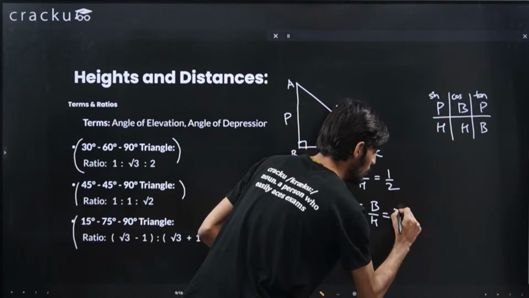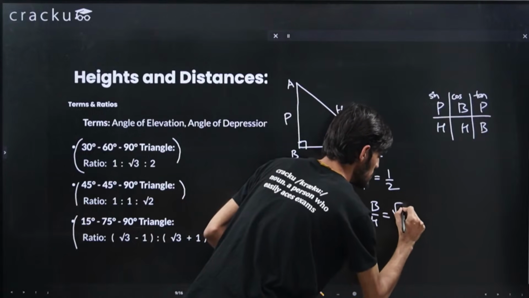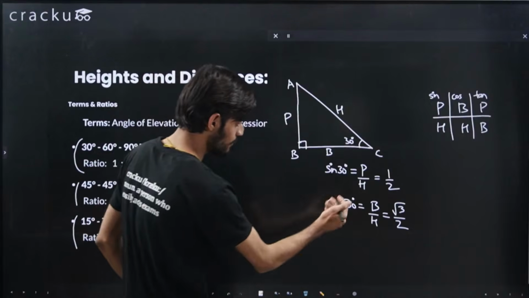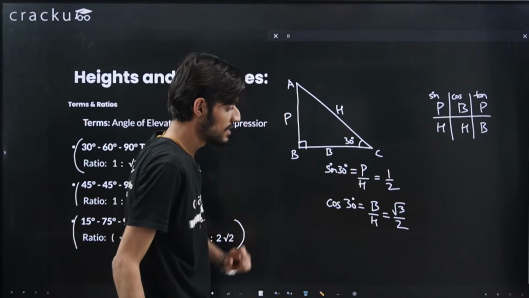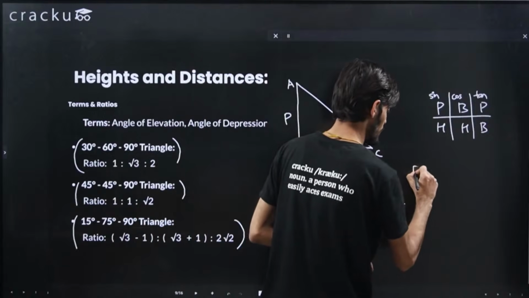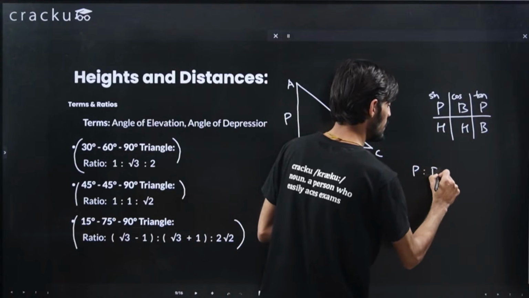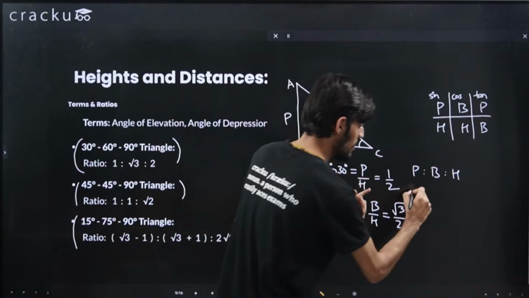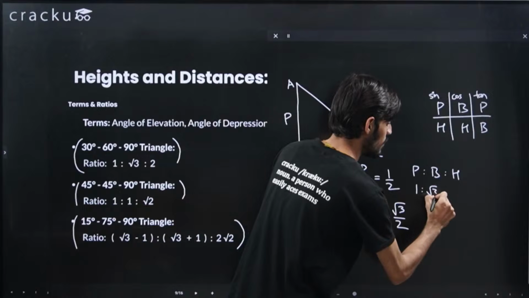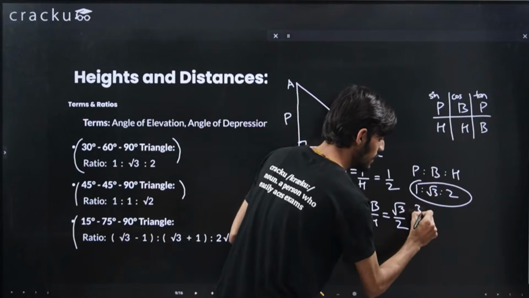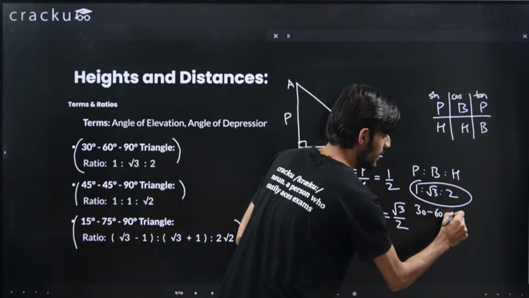So now we can compare the two ratios because the hypotenuse is the same. So P ratio B ratio H will be equal to 1 ratio root 3 ratio 2, that is 30, 60, 90.